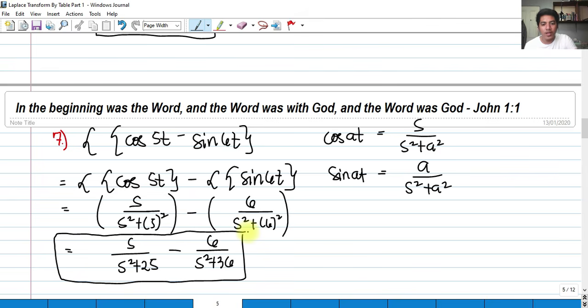So this should be our final answer for this problem. It's pretty basic, because evaluating Laplace transform by table is actually direct substitution, unlike the traditional method using the integral, which is a long method. It would be very tedious to solve using the definition of the Laplace transform rather than by the table.